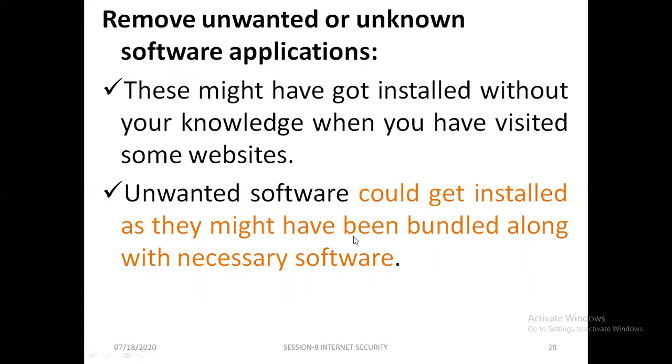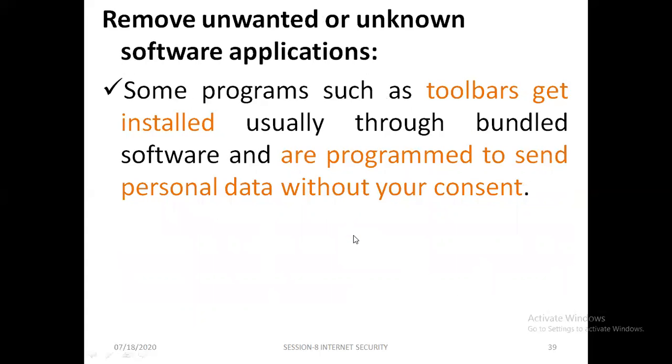That unwanted software could get installed because it might have been bundled along with the necessary, important software. This malicious software attaches itself and enters our computer. Some programs such as toolbars get installed, usually through bundled software, and are programmed to send personal data without your knowledge.